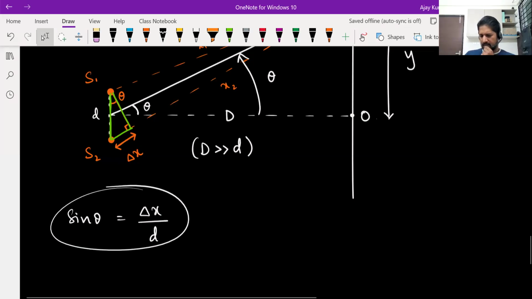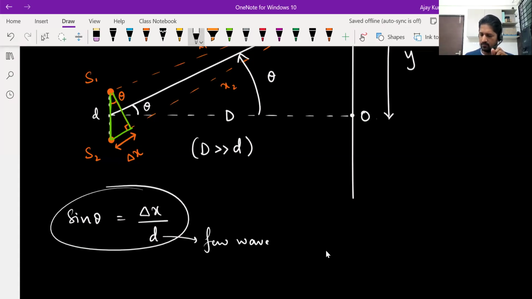Now see, the distance d is kept a few wavelengths. Now, wavelengths of what are we talking about? Wavelengths of visible light is what we are talking about, because we want to see the interference pattern on the screen. The sources should be producing visible light.